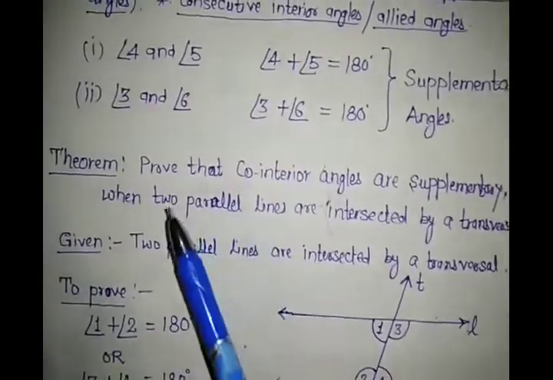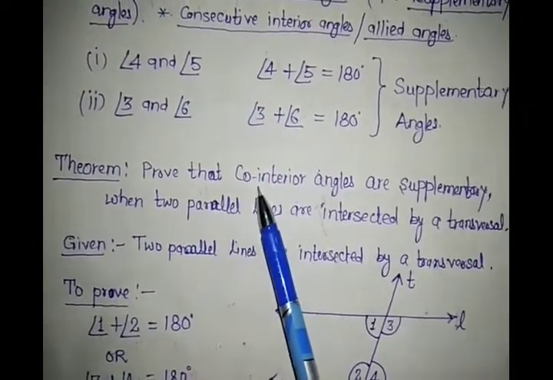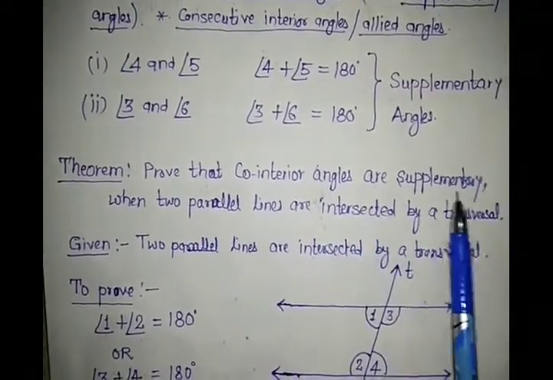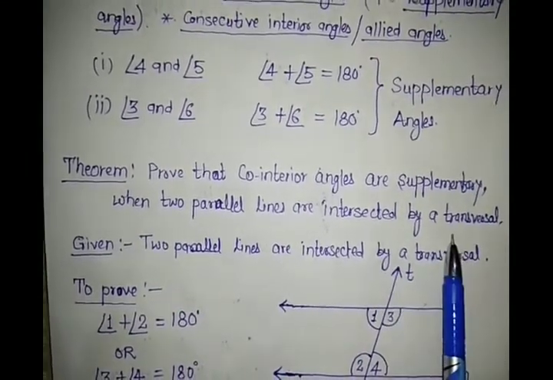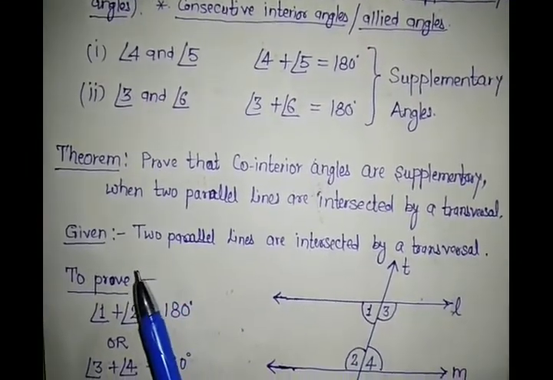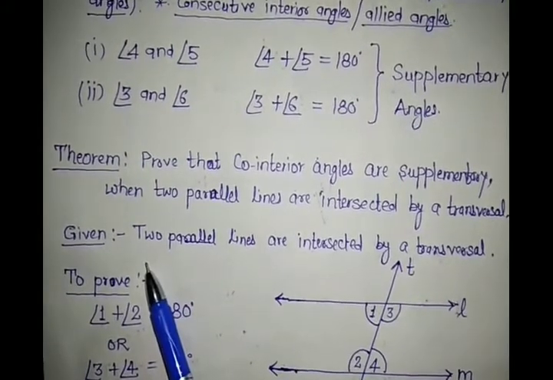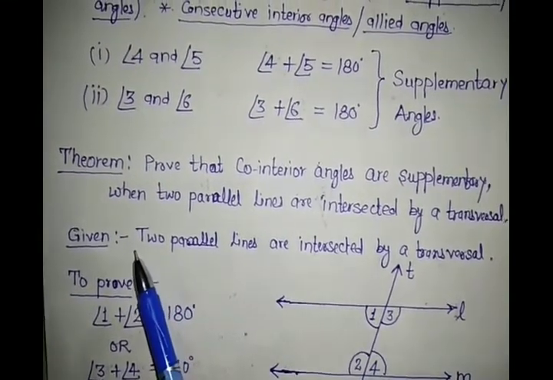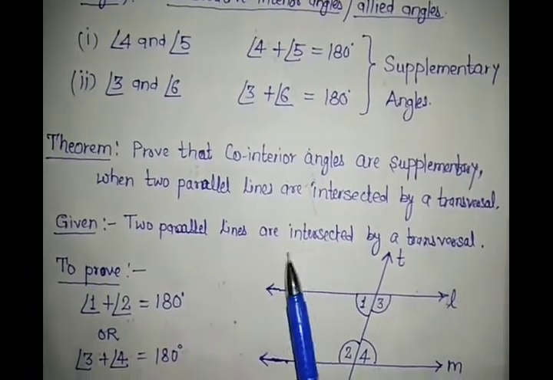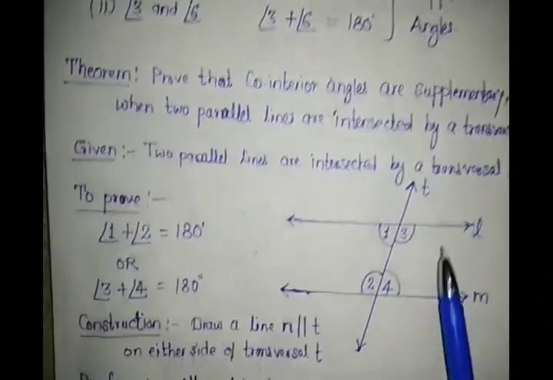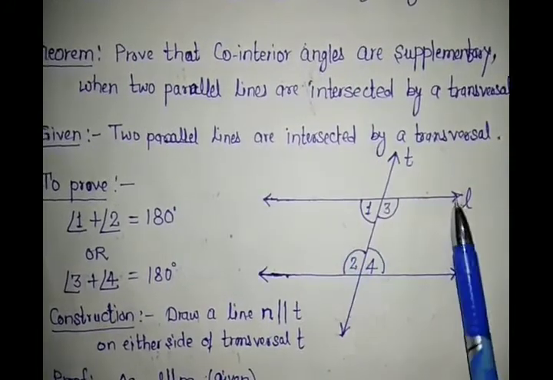This theorem proves that co-interior angles are supplementary when two parallel lines are intersected by a transversal. So what is given in this statement? The given thing is two parallel lines are intersected by a transversal. Take this figure.